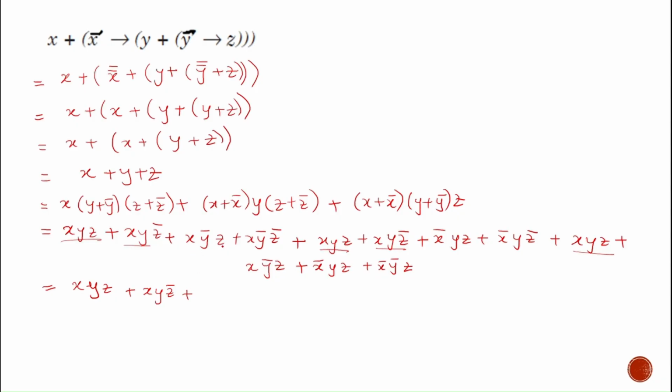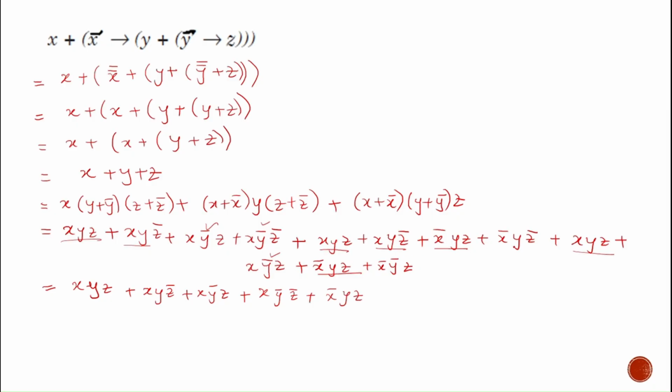So again by the idempotent law, we write xyz bar plus xy bar z. xy bar z is here and here, so we get xy bar z, and now we have xy bar z bar, which is only one, plus we have x bar yz.